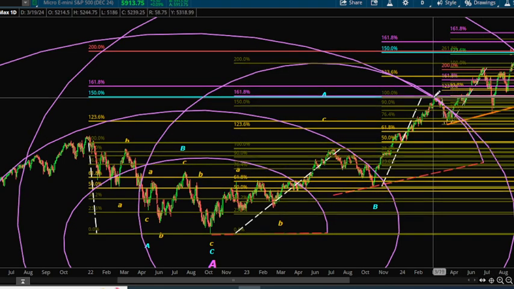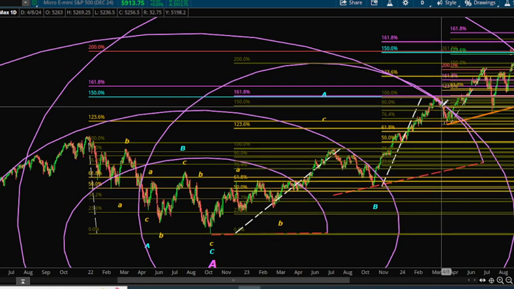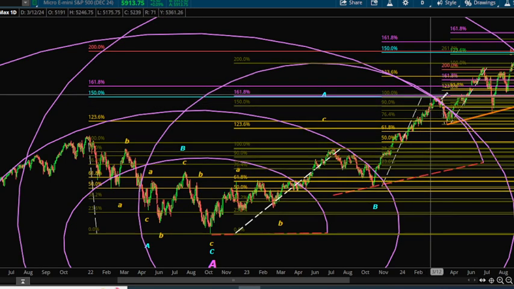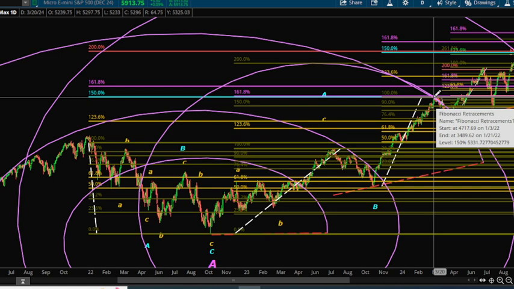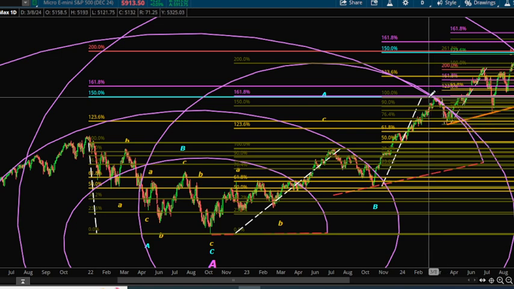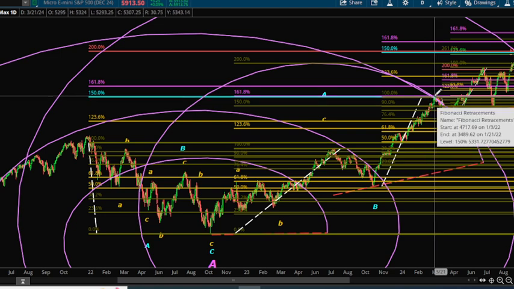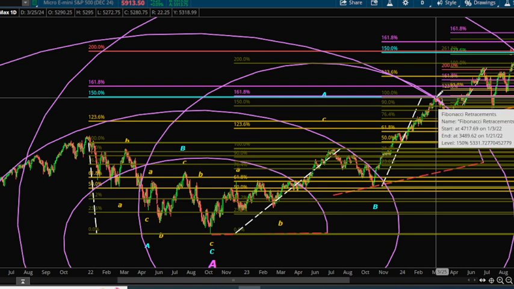If you notice the time spiral, it reacted. It all crossed at the same time. This time spiral was on the 89th day, which is, to me, I consider the 55th and the 89th day pretty significant turn dates for bigger corrections.